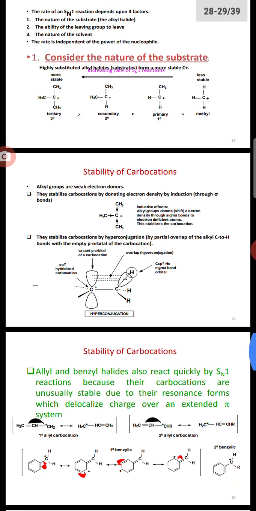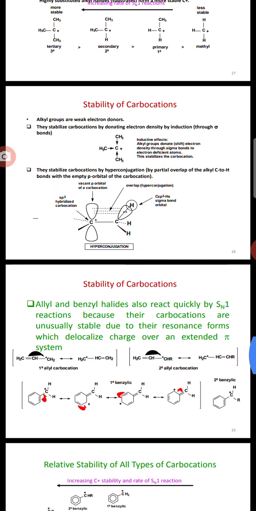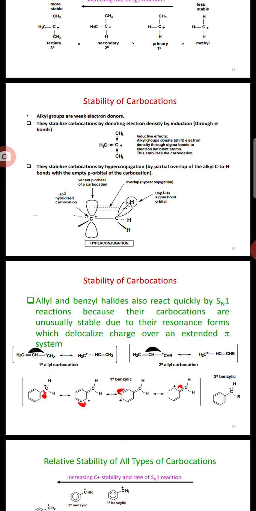Secondary depends upon the substituents present. The main reason is the stabilization of the carbocation by hyperconjugation, by partial overlap of the alkyl carbon-hydrogen bond with the empty p orbital of the carbocation, as given in the diagrams.